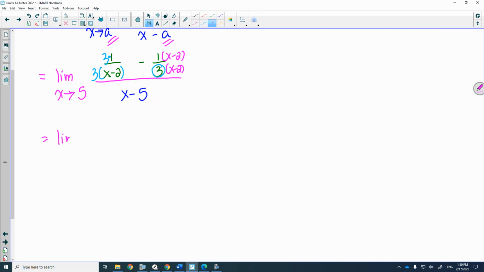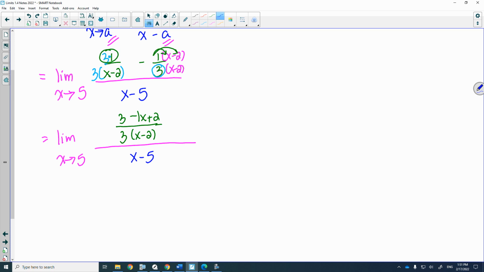The limit as x approaches 5 of, so this is going to be 3, and I'm going to distribute in this -1. So that would be minus 1x plus 2 all over 3(x minus 2), and then that is over x minus 5.